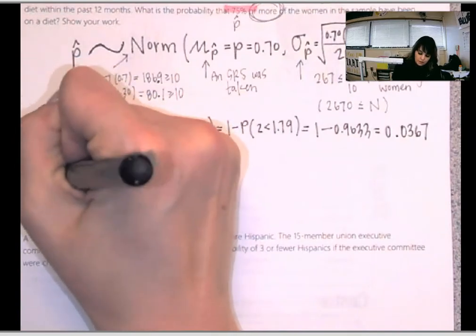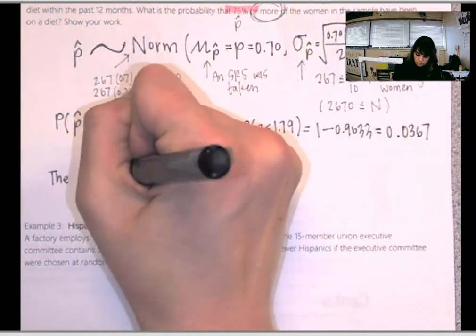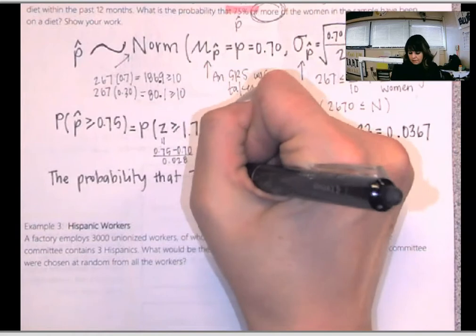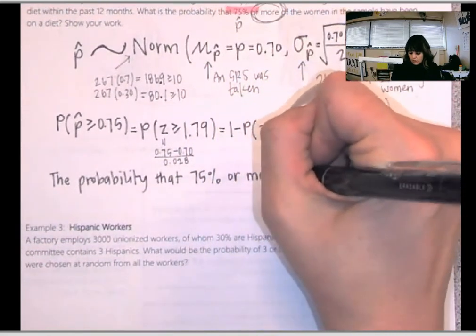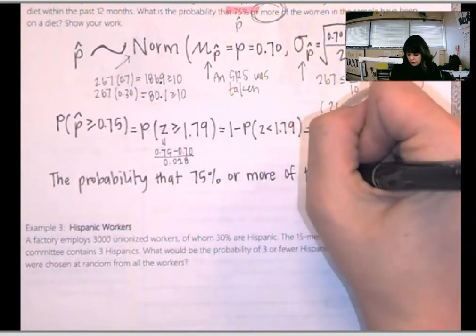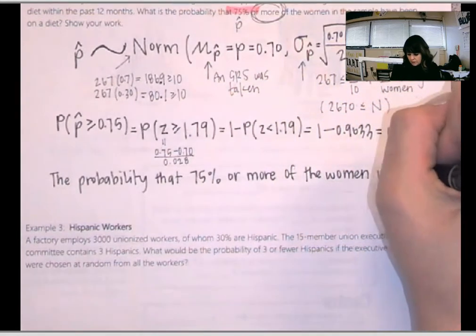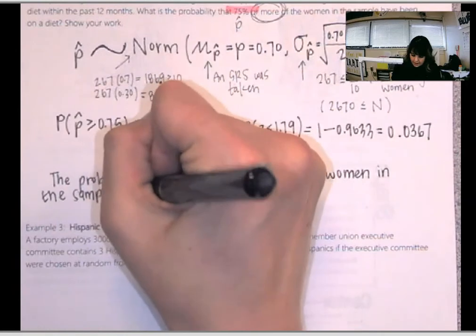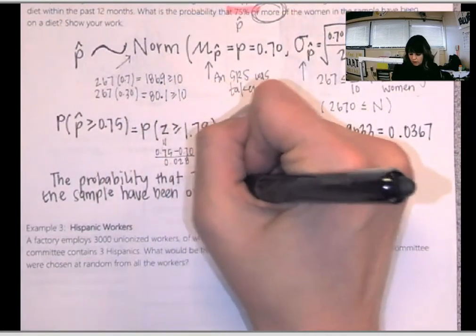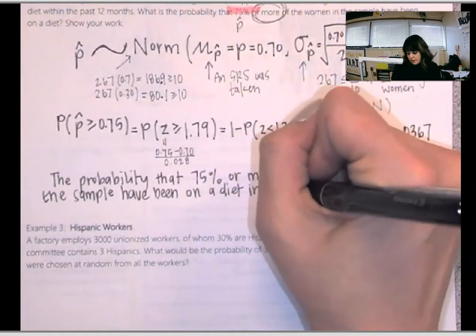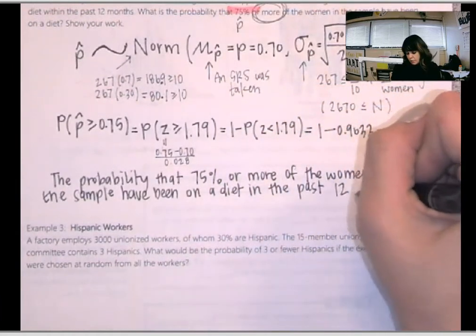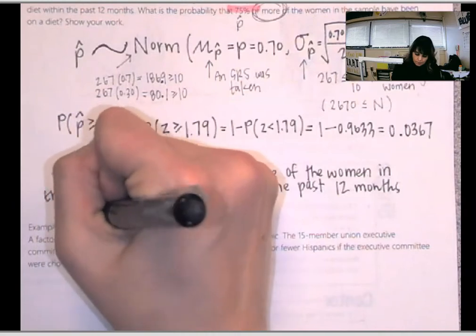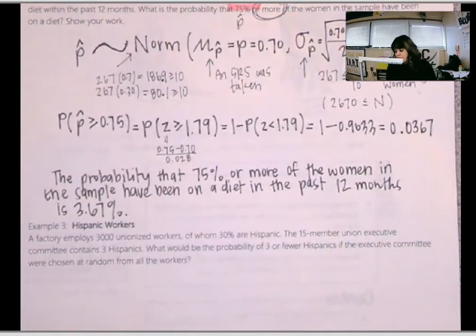So, the probability that 75% or more of the women in the sample have been on a diet in the past 12 months is 3.67%.